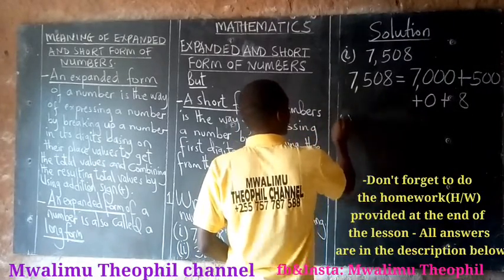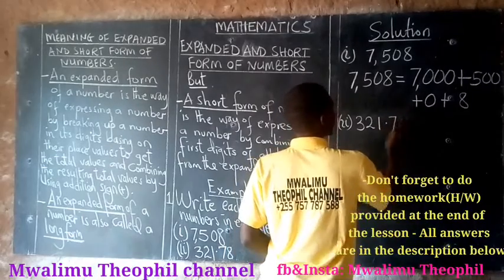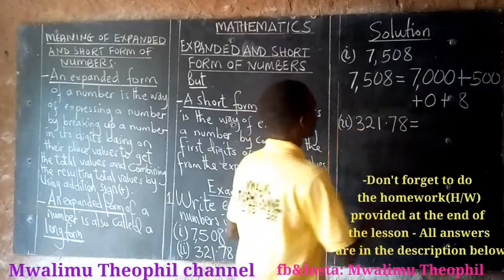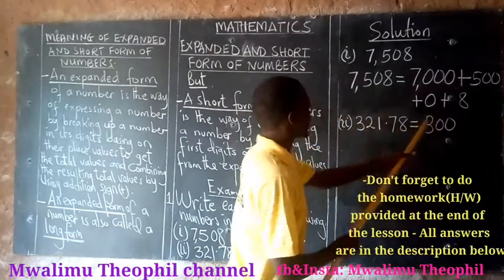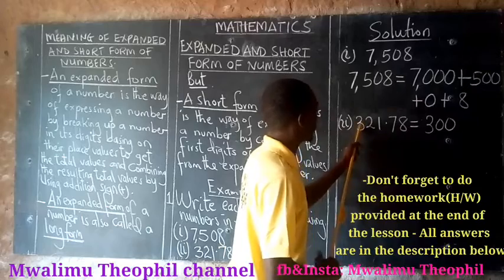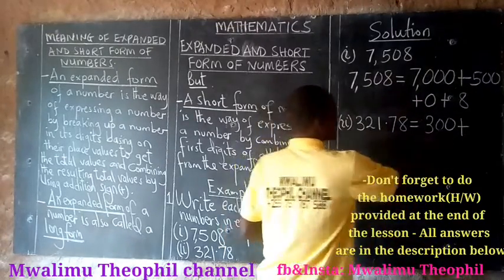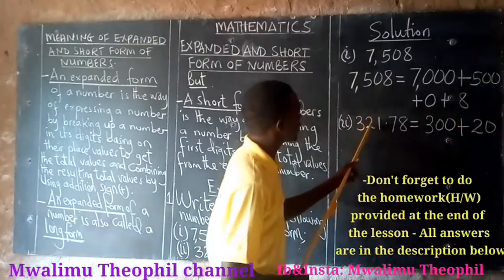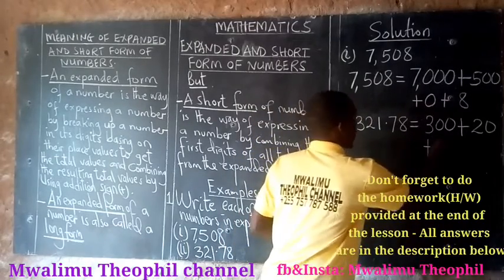A second number is 321.78. Its expanded form will be equal to 300. This is 300 because 3 is in hundreds, plus 20. It is 20 because 2 is in tens, plus 1.